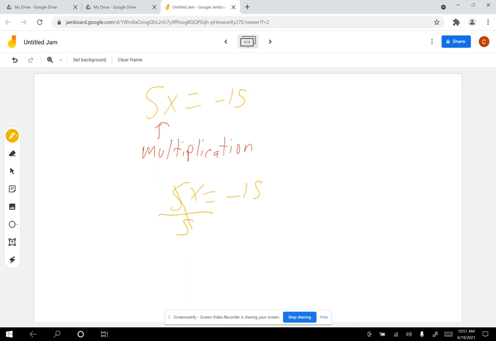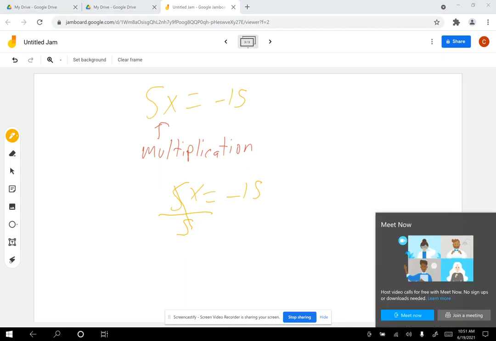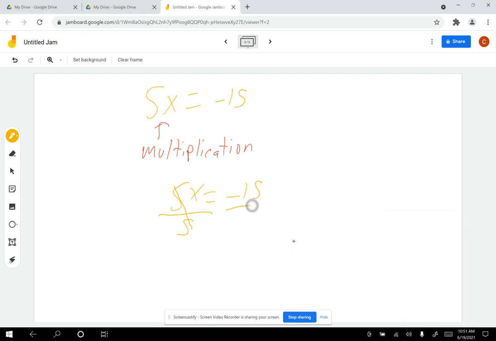We get it to cancel. But because I divide the left side by 5, I also have to divide the right side by 5, which is going to leave me with x equals negative 15 divided by 5, which is going to be negative 3. Again, I'm going to plug my answer in to check to make sure we did it correctly.